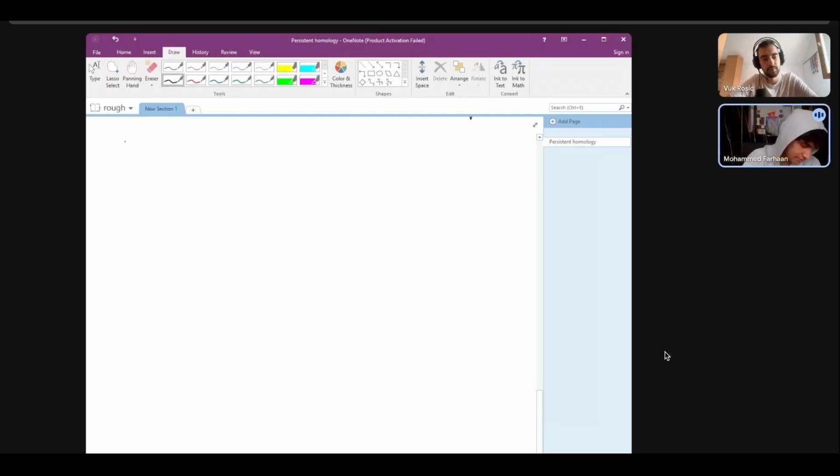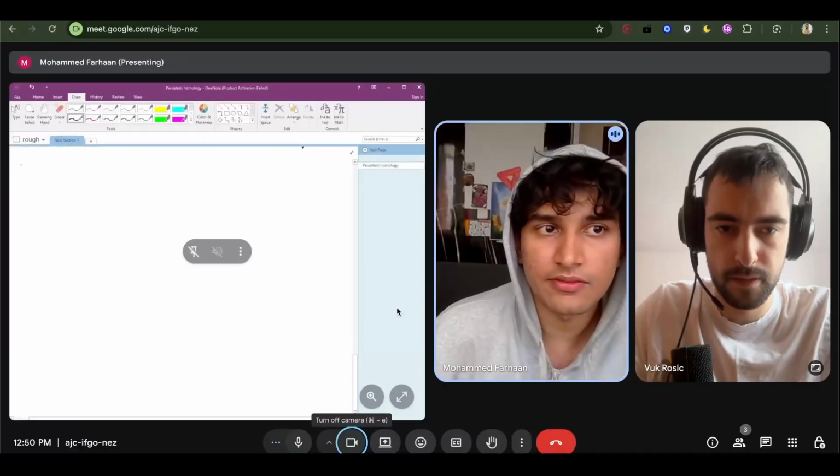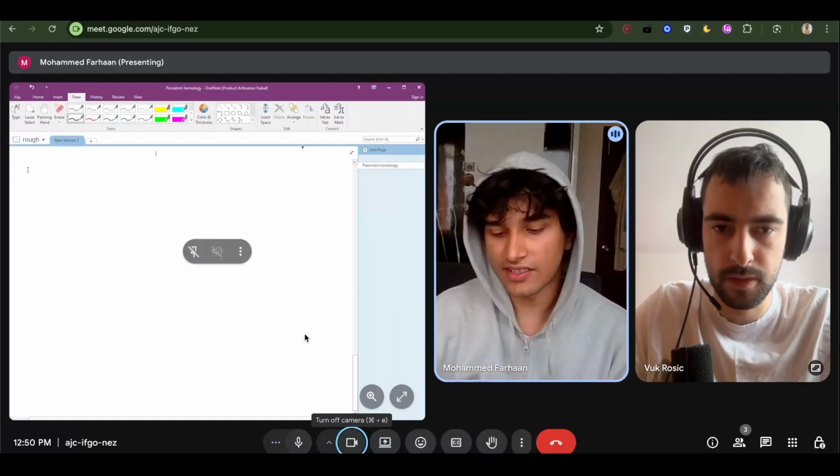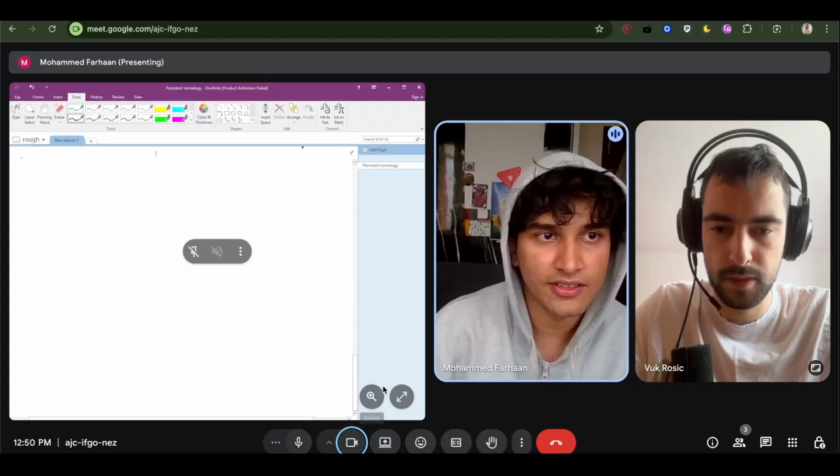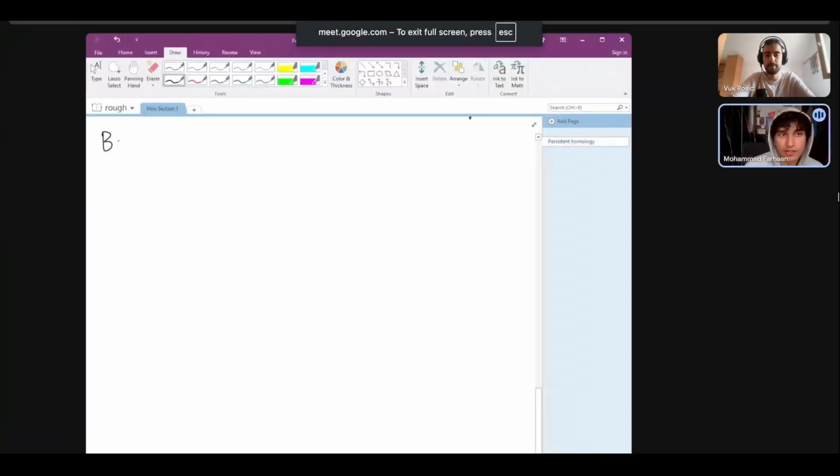The reason why I'm talking about this is because this is again another thing that we can possibly generalize. So the next idea has to do with something called boundary homomorphisms.